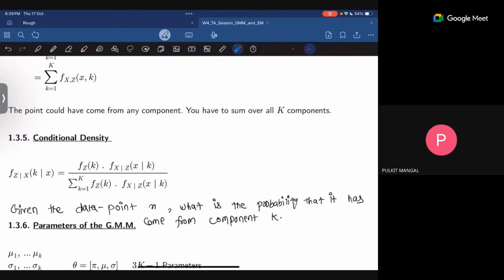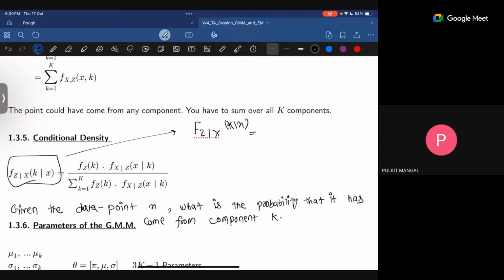Now, this might look terrible to understand, so let's break down this equation into some pieces. This is the density that you want to find, z given x. Conditional is joint divided by marginal.